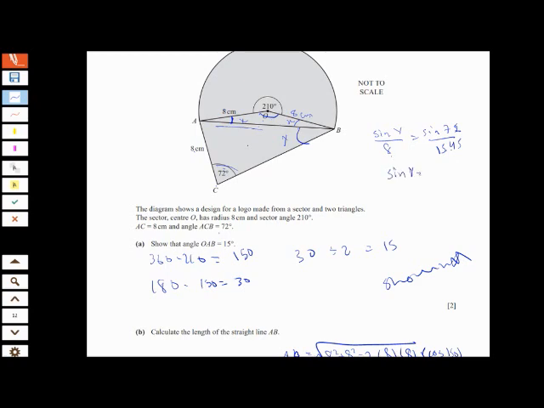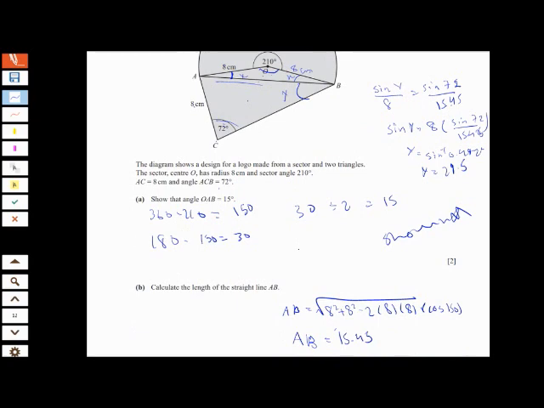We get sine y equals 8 times sine 72 over 15.45, and then you take sine to the other side, and y would equal sine inverse of 0.4924, and y equals 29.5. That is your answer, 29.5.